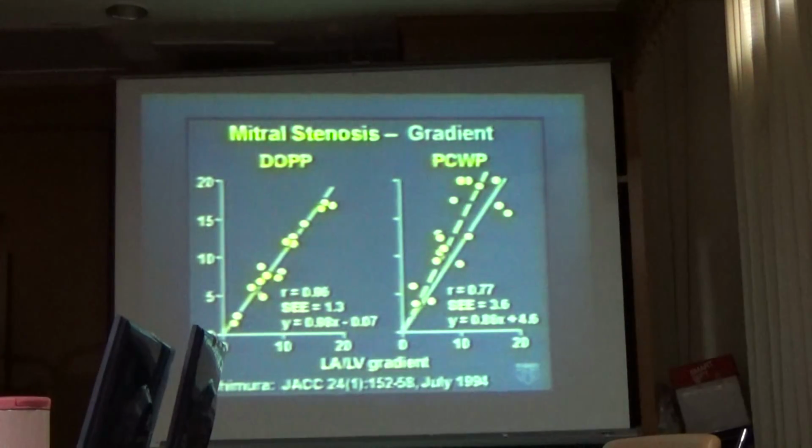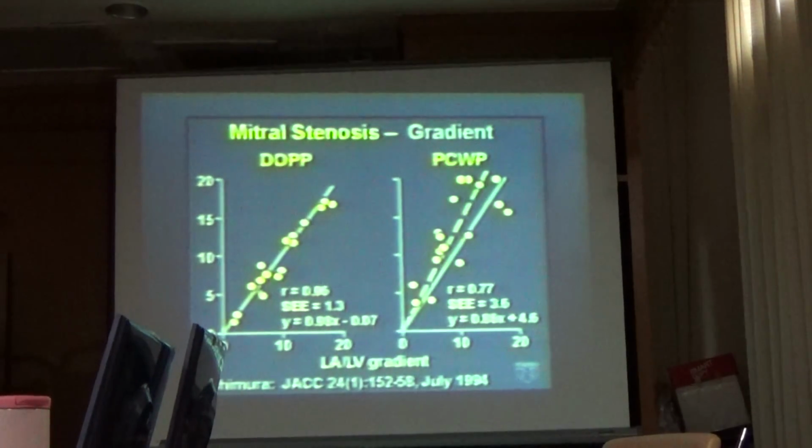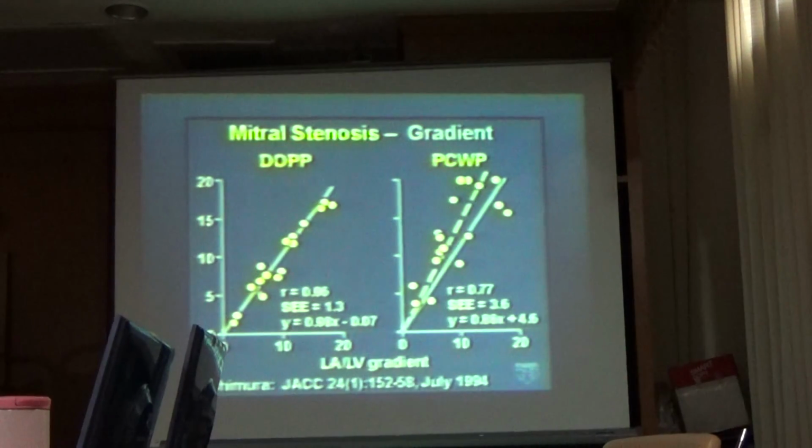Nishimura approximately 3 years ago, you'll note in the left-sided panel excellent correlation between Doppler-derived mean gradient and direct left atrial and left ventricular pressure gradient as they were measured. But on the right side panel, you'll see that when pulmonary capillary wedge pressure is used as a surrogate for left atrial pressure, in many cases, significant overestimation of catheter gradient was present when compared to Doppler gradient.